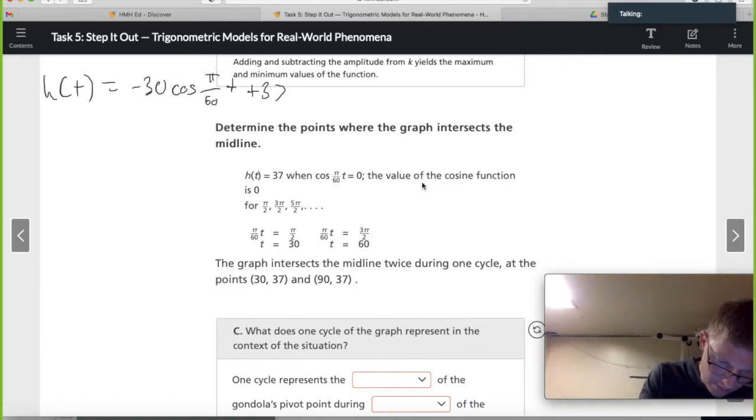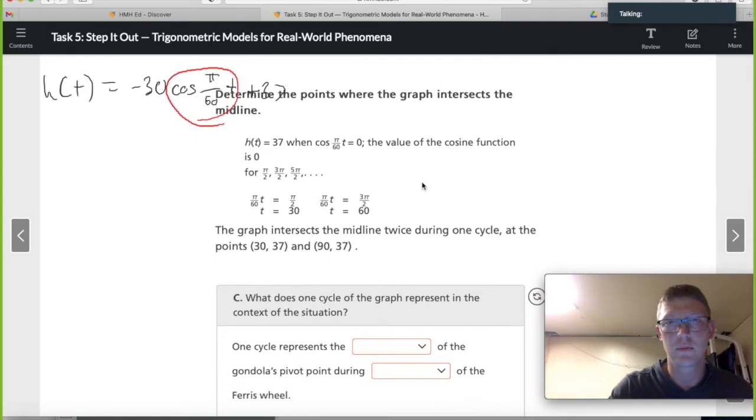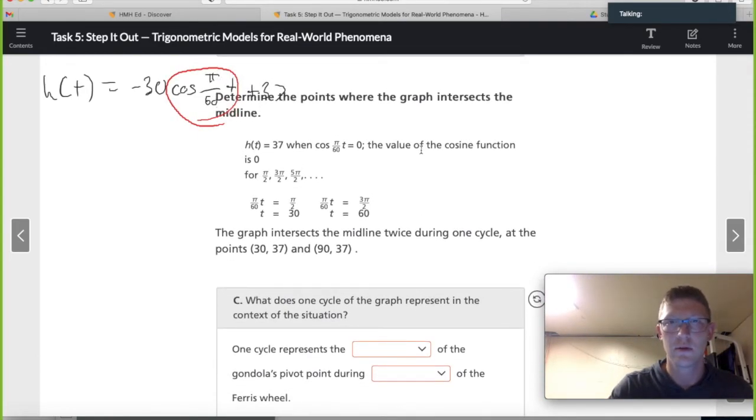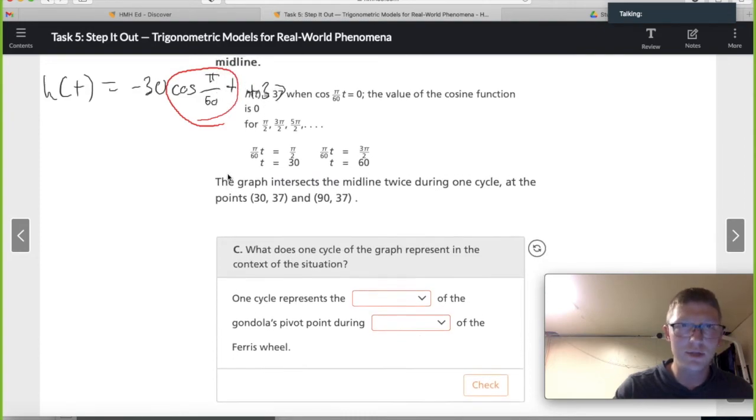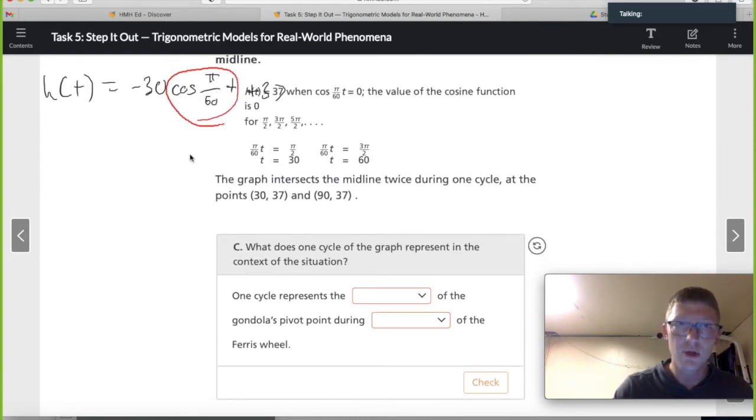Probably should include the variable there. So when cosine of pi over 60t equals 0, the value of the cosine function is 0.